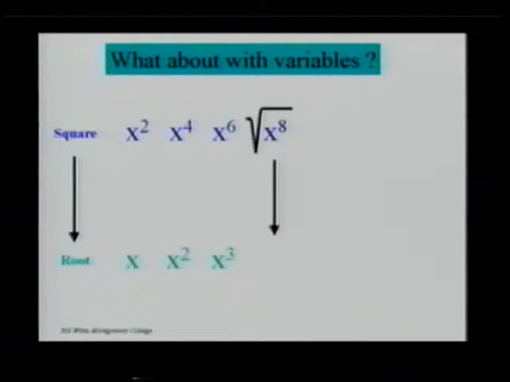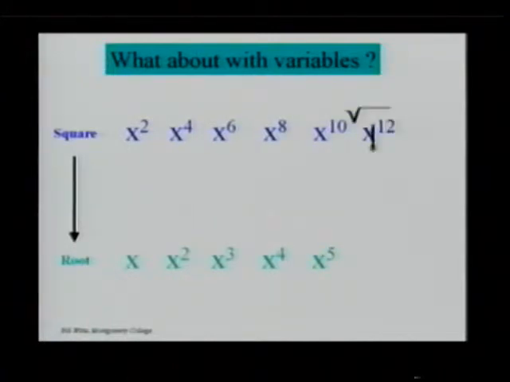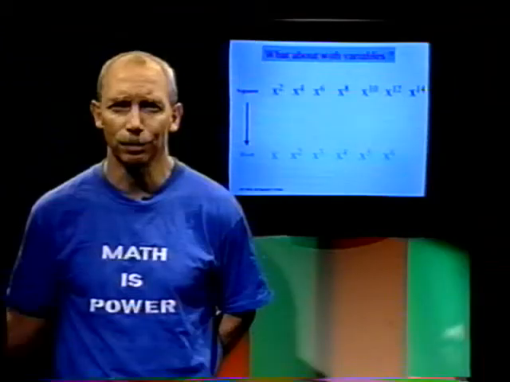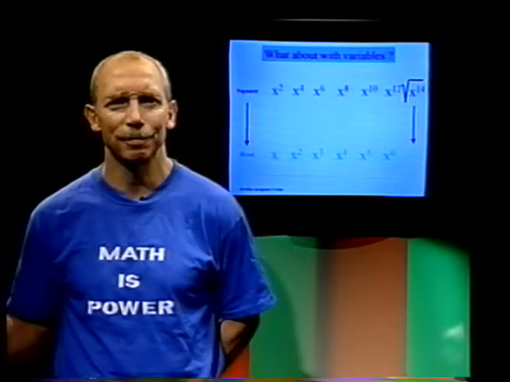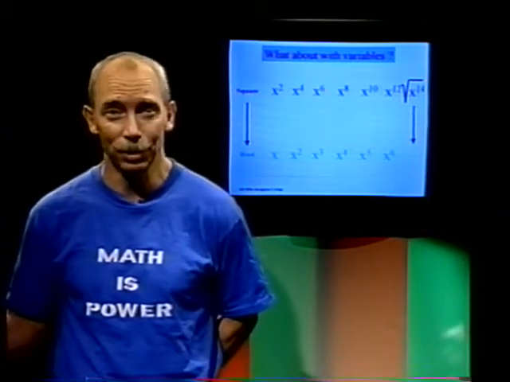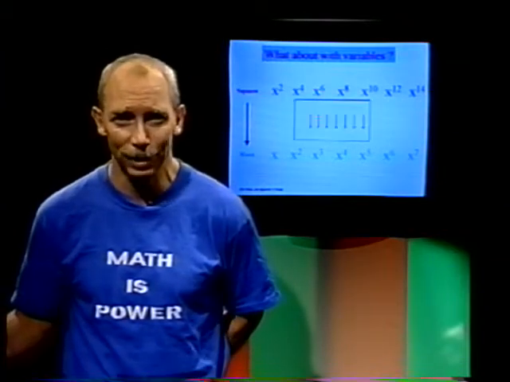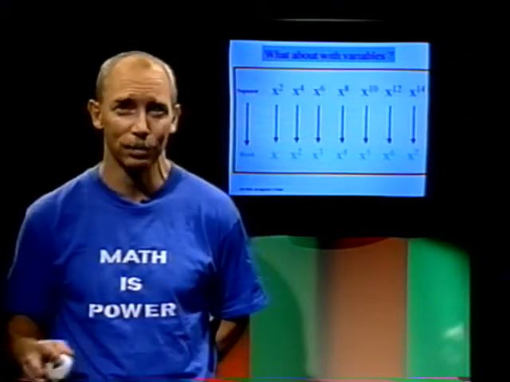That's why, with any even one, we divide the exponent by 2 to get the square root. The square root of x to the 10th is x to the 5th, right? x to the 12th, x to the 6th, okay? That kind of a deal. So any even variable exponent is going to give you a perfect square root. I just wanted to quickly review that because it's going to be critical in upcoming times.